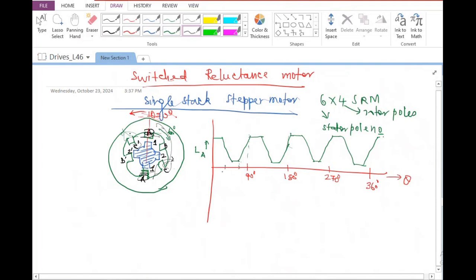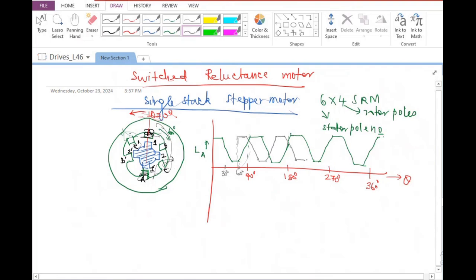So this is 30, this is 60. Exactly at 60 degrees, for B phase, it will be somewhat like this. It will come down and go up like this. This is how it will be staggered.